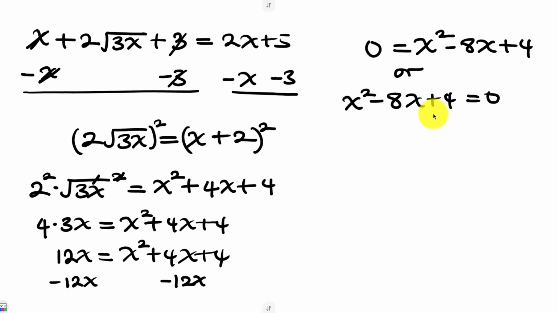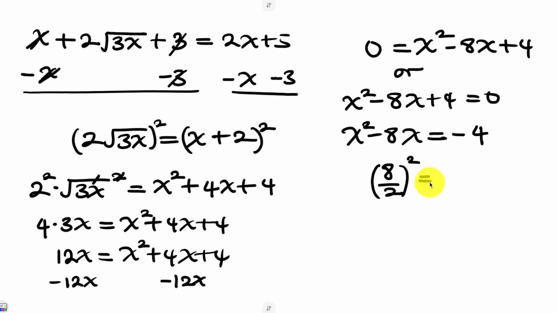Now I'm going to be using completing the square to solve this, and in order to do that, I have to move 4 to the right-hand side, so that we have x squared minus 8x on the left to be equal to, as 4 crosses to the right, it becomes negative 4. Now using completing the square, I'm going to take the coefficient of x, that is 8, I'll divide it by 2, and I'll square the result.